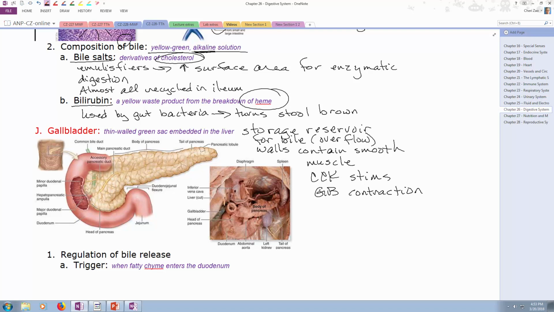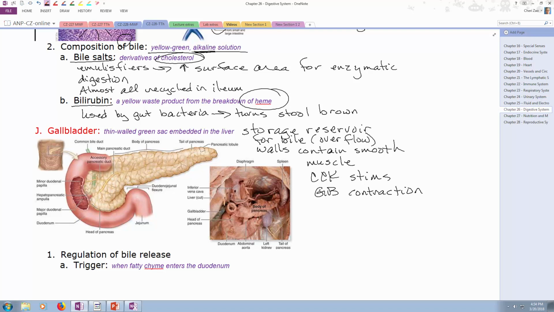You guys remember all these things from your GI eval. Now, it fills that tube all up, and when it gets overfull, then bile goes into the cystic duct into the gallbladder. You guys follow that pattern?